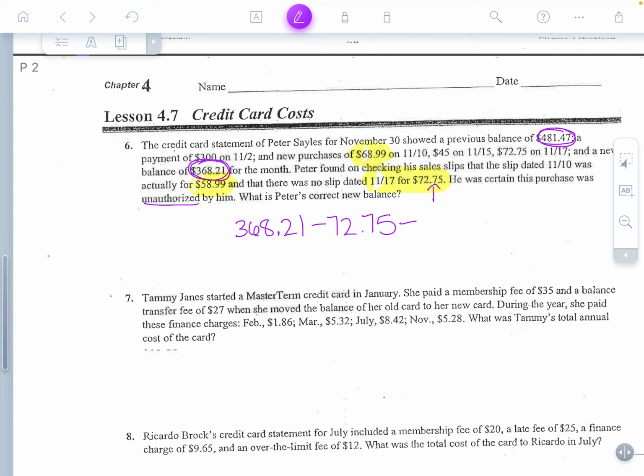So you could subtract those to find the difference, but I just know that those are $10 apart, so I'm going to subtract $10. So you put these numbers into your calculator. And I get 285.46. So that will be his new balance.